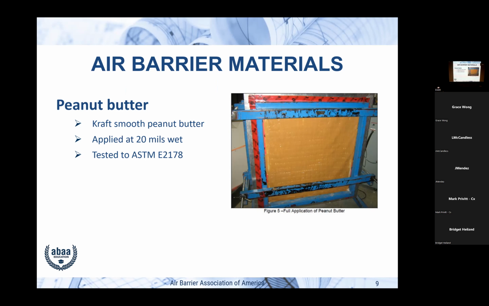And it was Kraft. So I don't know about Peter Pan or Skippy or anything else out there. It's smooth, so I don't know if chunky would work. But we ran it. Any guess of how we did? Yeah, did actually really good.